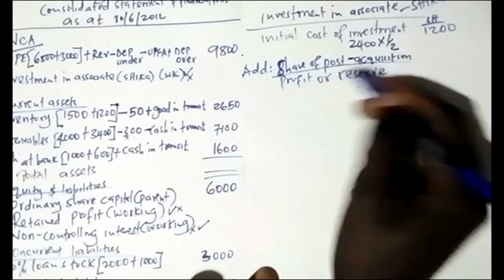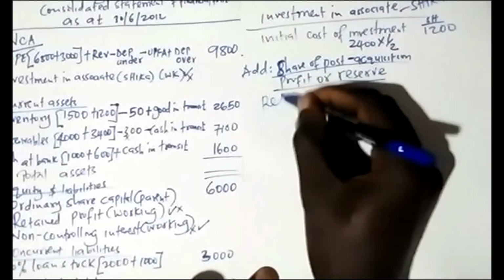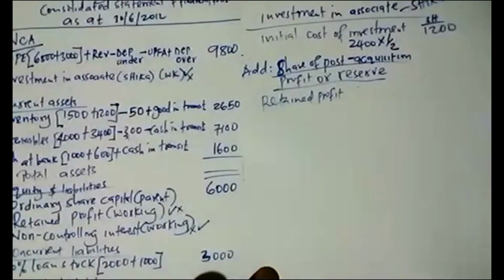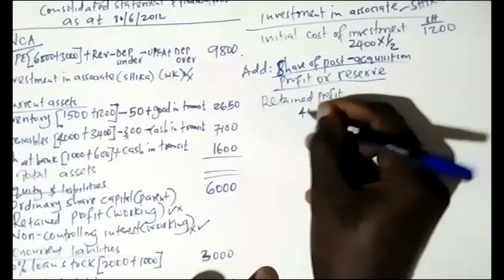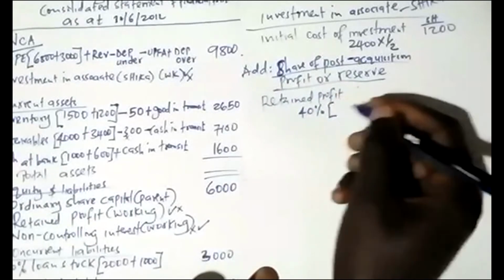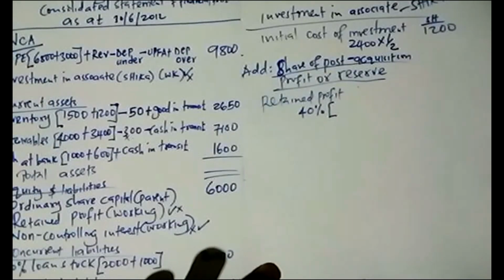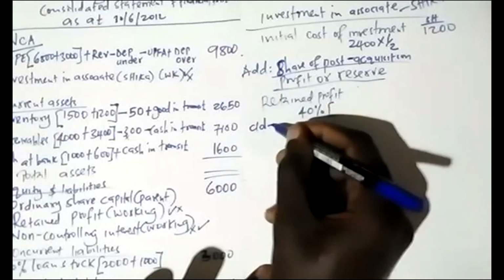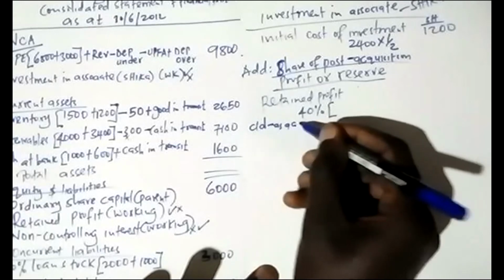So post acquisition profit or reserve. For the retained profit, remember it was 40%. In order to get post acquisition profit, you take the balance carried down, minus the balance at acquisition.